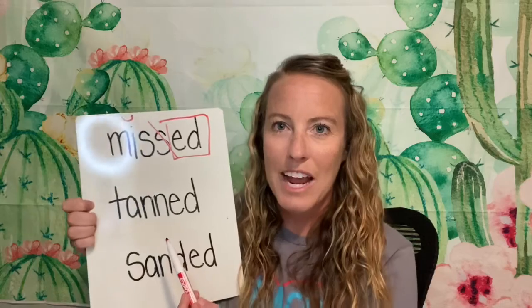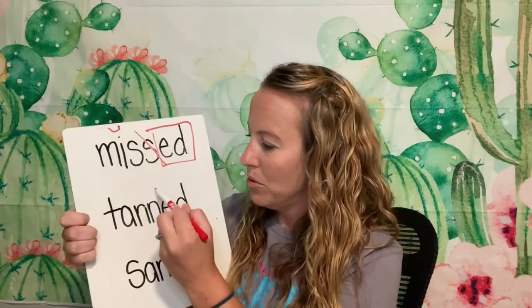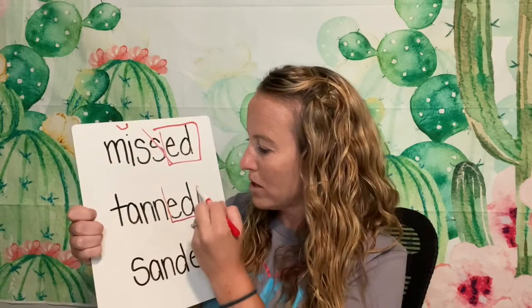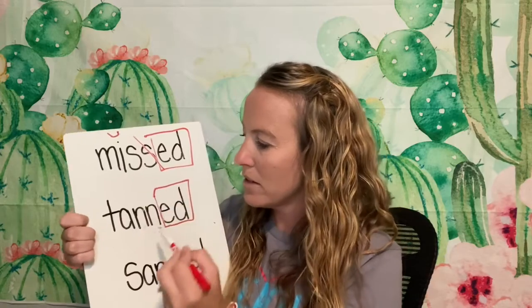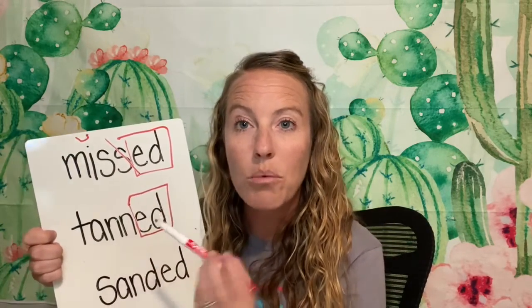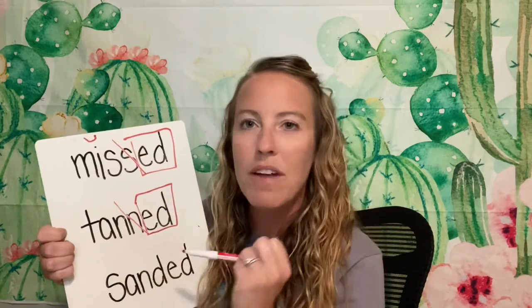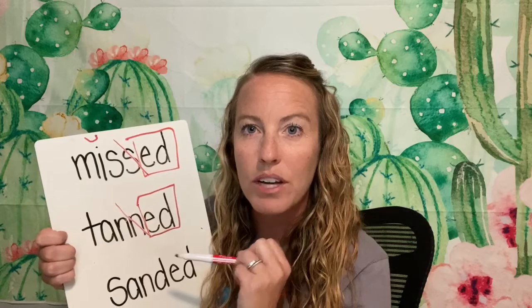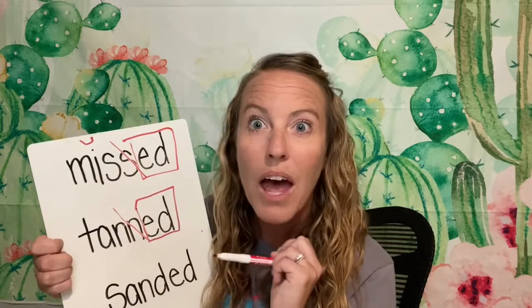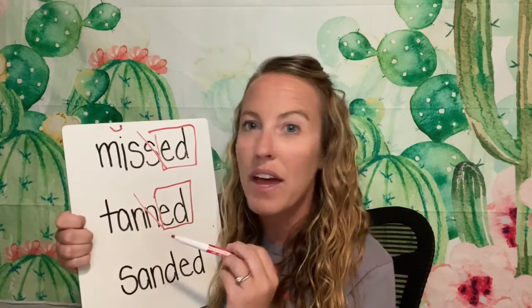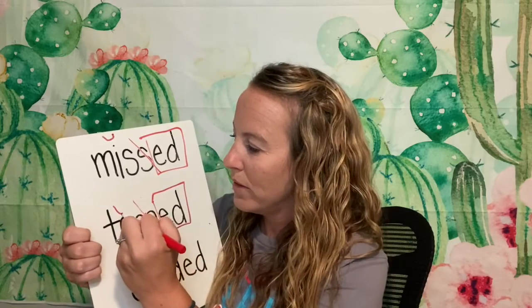Now we have the word tanned. It gets coded with a box around the suffix. And then we have twin consonants. So we gotta cross one out. And then we have our vowel. How do we code that vowel? It's followed by a consonant. So we code it with a breve.